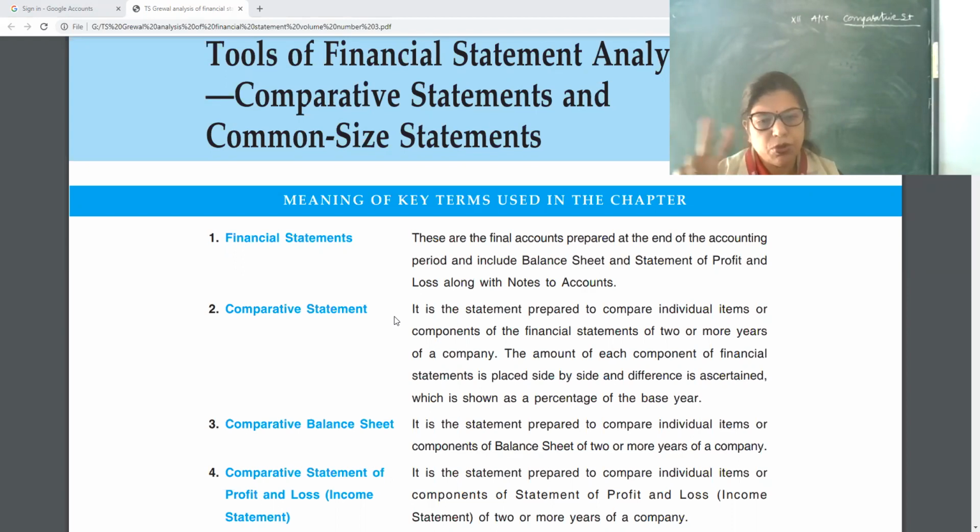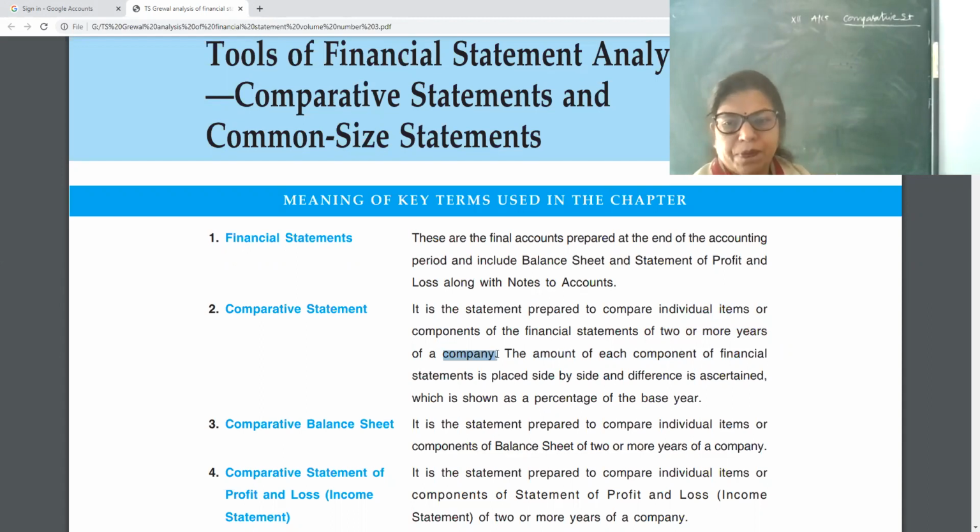The amount of each component of financial statement is placed side by side, then the difference is found out and shown as percentage. One by one you should note down. It is prepared to compare individual items or components for 2 or more years. Not only 2 years, that may be more years of a company.